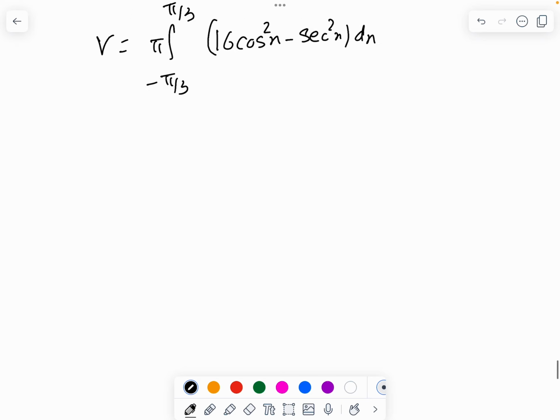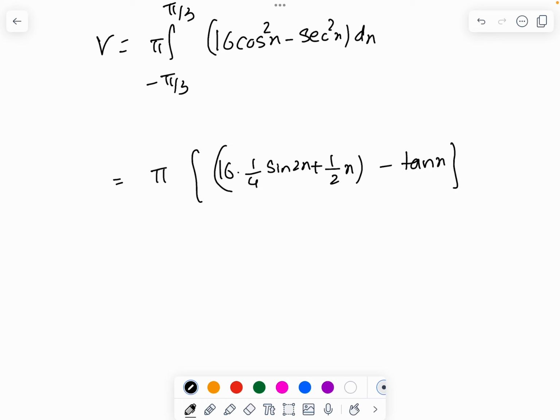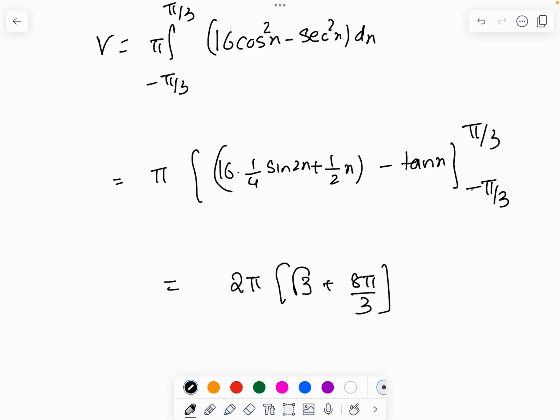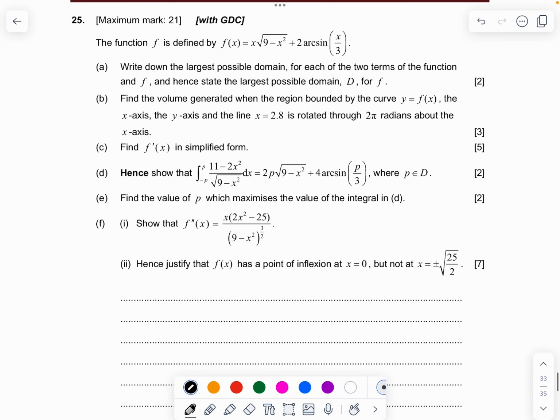Now 16 cos squared x integrates to 16 times (1 upon 4 sine 2x plus 1 upon 2 x), and the integral of secant squared x is tan x, from the limits minus pi by 3 to plus pi by 3. Directly I am writing that answer. Your answer should be this one. Do the calculations and check that your answer is this.